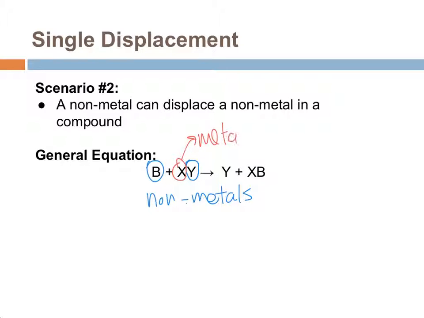So remember, a nonmetal is always written as our second element in a compound. So in this scenario, the nonmetals are going to swap place. So B plus XY is going to give Y, this is our nonmetal by itself, plus our new compound XB. So B being our new nonmetal in our compound.